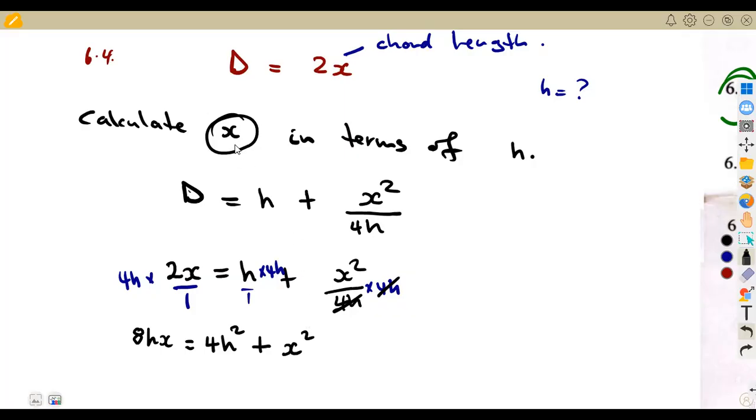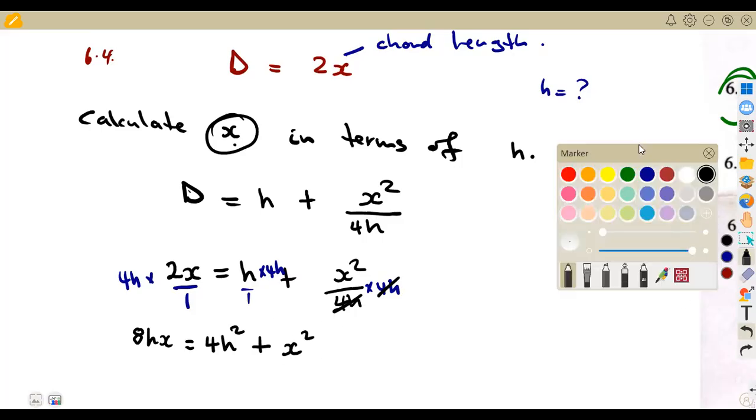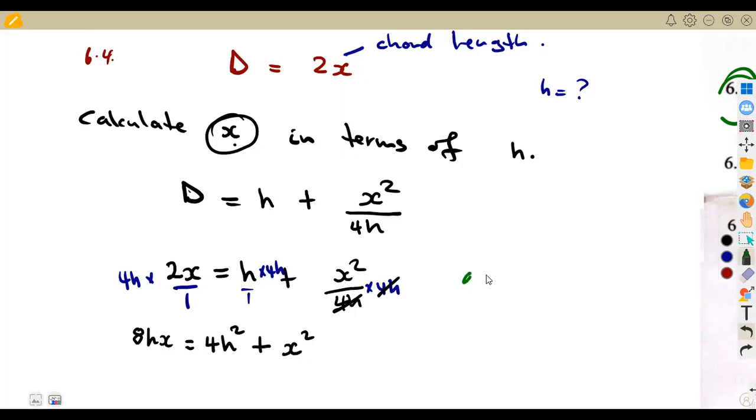So as you can see, remember, we are supposed to solve for x. We are supposed to calculate for x. And we have actually formulated a quadratic equation because the x is being raised to the exponent of 2. So that's a quadratic equation that we are supposed to think of writing in the form of ax squared plus bx plus c is equal to 0, where I told you that one of the sides must be equal to 0.